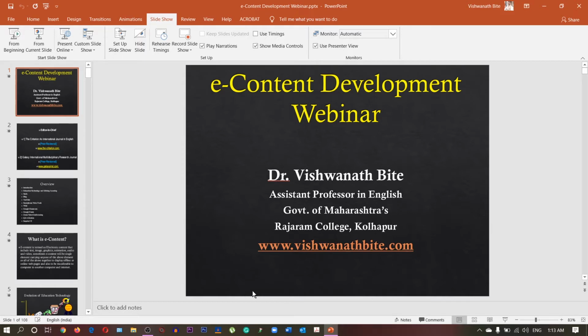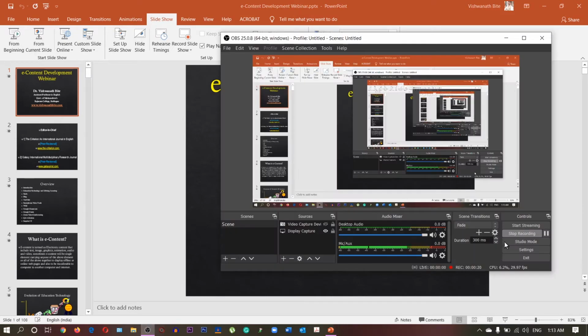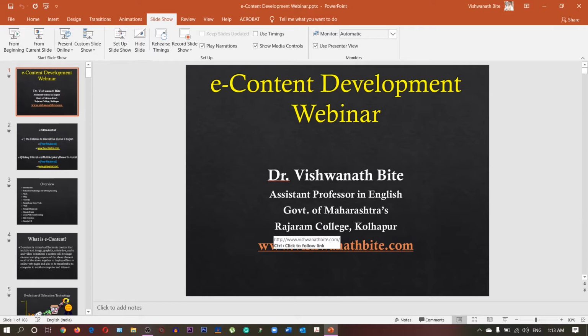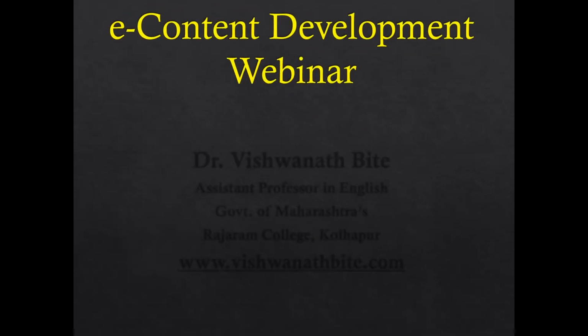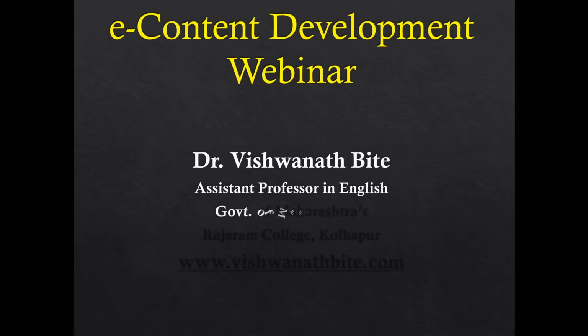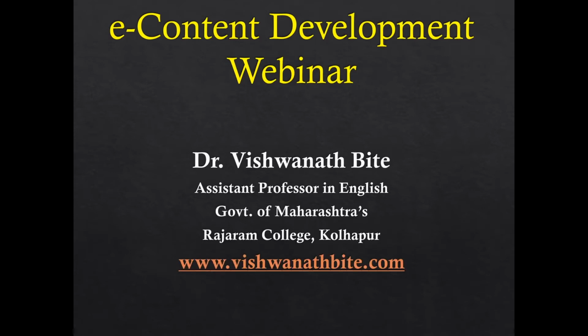There are two ways. Right now I told you that you just hit the record button on your Open Broadcast Software and start recording. When you are in PPT, just click F5, that will start your presentation, and keep talking, and everything will be recorded in OBS.